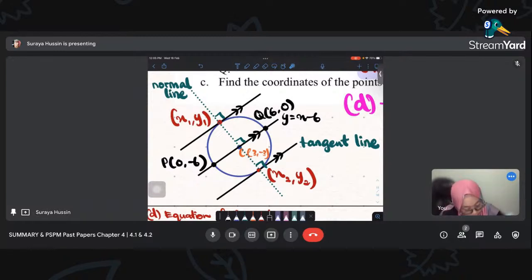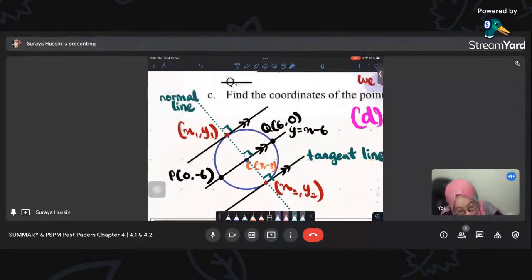What I'm saying here is the tangent line is parallel to the PQ line. This is the PQ line. And so, you faham lah, oh ni tangent line. Kalau you dah faham ini tangent line, of course lah you faham ni normal line. Right? You must understand that this is normal line.